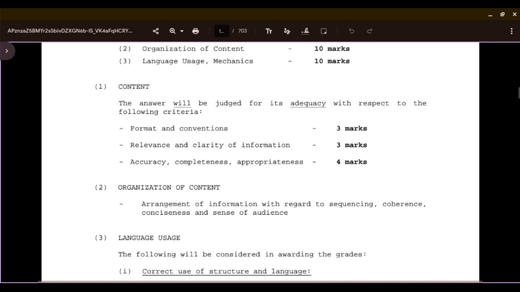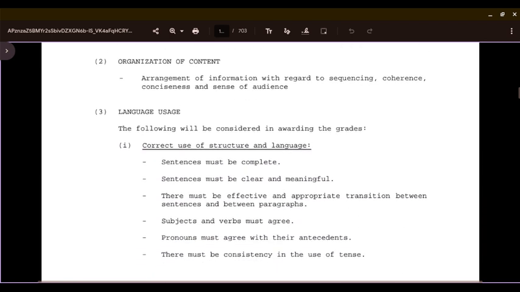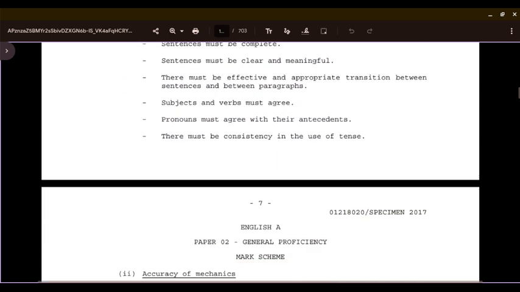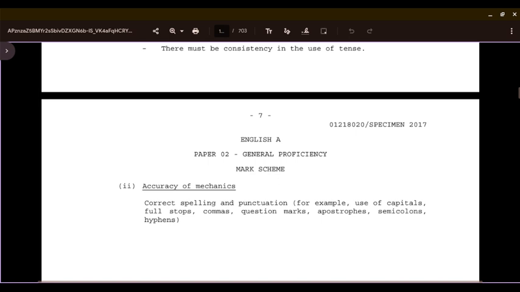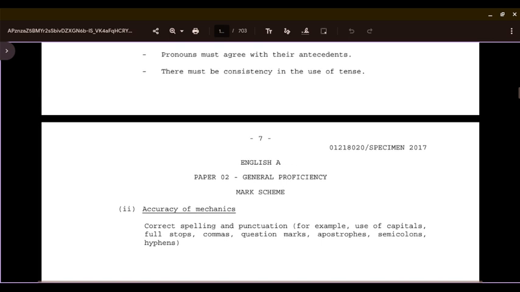And language usage is going to be the same thing that we saw. So, the same information you heard me recap for question one, it's the same information that's here. They just added apostrophes and semicolons and hyphens. Please don't think you don't need apostrophes, semicolons, and hyphens in terms of getting your word correct for any of these questions.